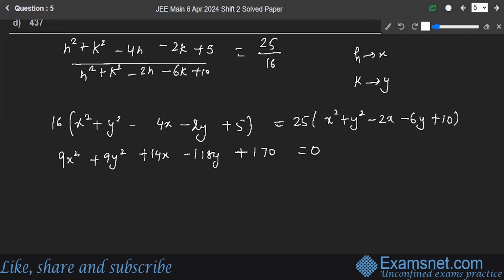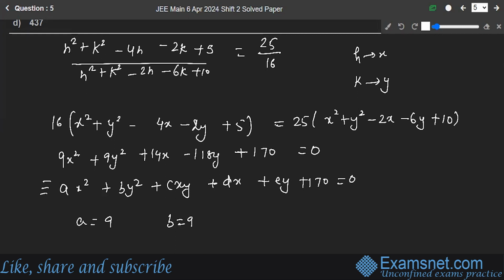So if I compare it with the given equation, which is ax square plus by square plus cxy plus dx plus ey plus 170 is equal to 0, you will get the value of a as 9, b as 9, c is 0, d 14, and e is equal to minus 118.